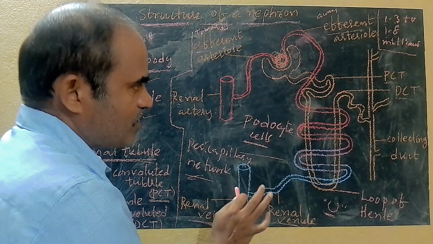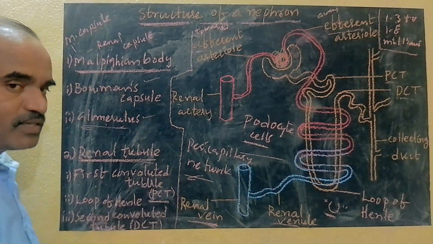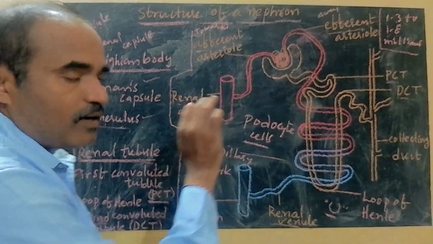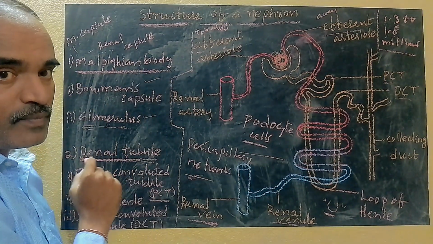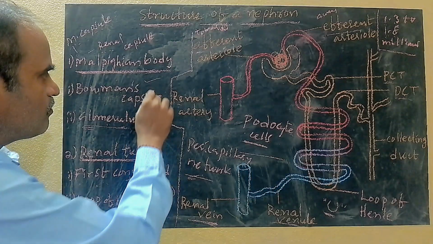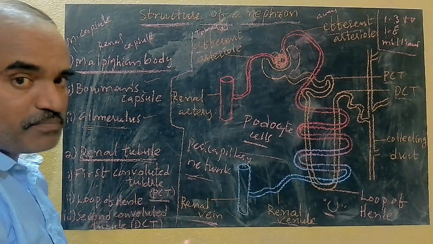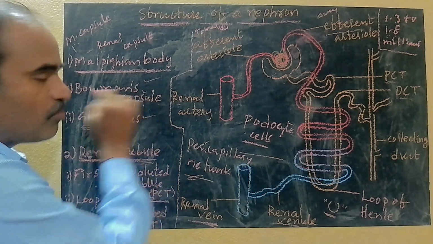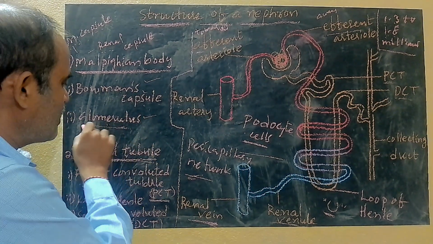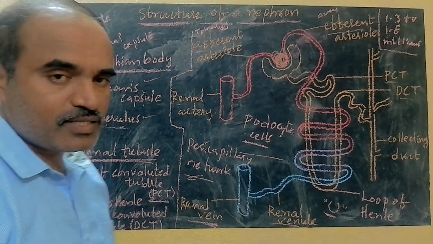Okay, this is about the structure of a nephron. Once again, the nephron has two main parts: the Malpighian body, consisting of two parts, Bowman's capsule, a blind cup-shaped broader structure, and a bunch of blood capillaries.